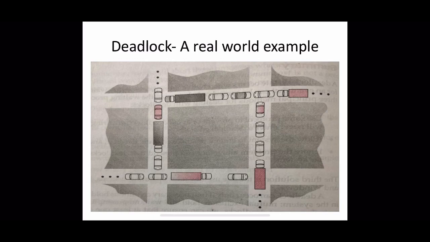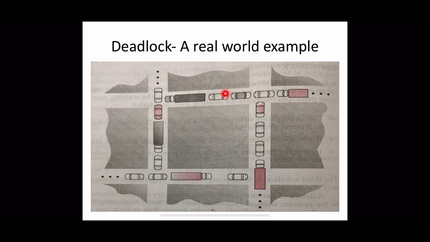Now let us start with a real world example for deadlock. So we can see in this figure, vehicles are moving along different roads aligned in this manner. Now if we look at this set of vehicles moving along this direction, from left to right, they got blocked by this vehicle moving along this direction. And if we analyze this road, also the same situation, they are moving from north to south and got blocked by the vehicles in this direction.